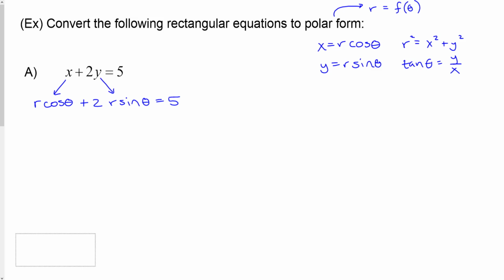There's no x's or y's left. But I want to get it into that form where I have r on one side by itself and everything else in terms of theta on the other side. So if you'll notice, there's a common factor of r in both terms on the left-hand side. I'm going to factor that out.